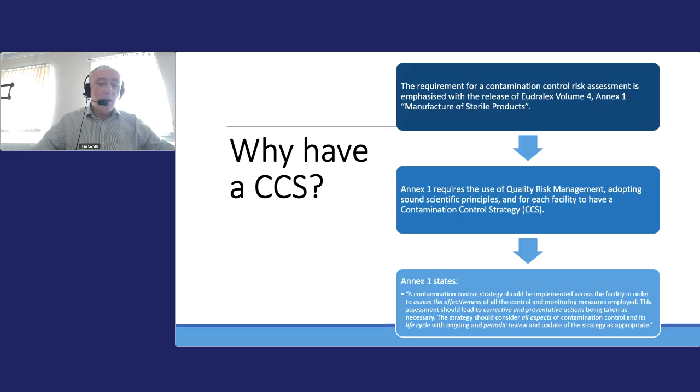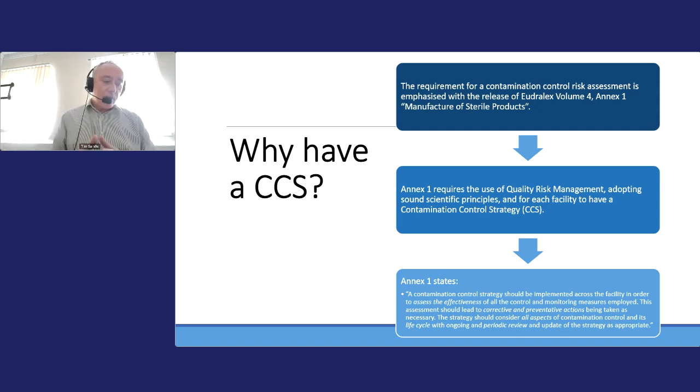First of all, why do we want to have a contamination control strategy? Well, if we have to follow EU GMP, then it is a regulatory requirement. For those who don't come under EU GMP but under different regulatory bodies like FDA, the FDA was a shadow organization during the creation of Annex 1, and there's a good chance that the FDA aseptic practices guidance, when it is updated, will also have some similar requirement.